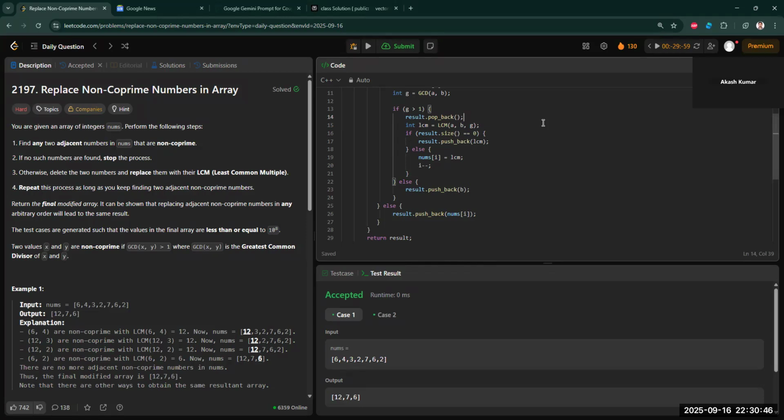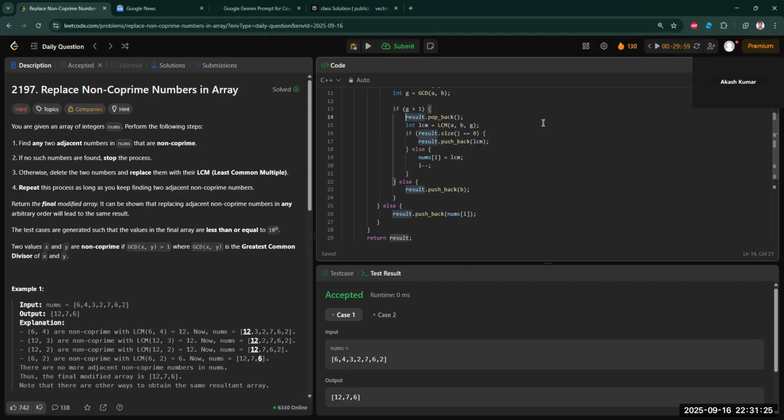If the GCD of the current two numbers is greater than 1, that means they are non-coprime numbers, and in that case we have to replace these two numbers with their LCM. So I pop out the last element from the result array and take the LCM of these two numbers. If after popping, the result array becomes size 0, then I push the LCM to the result array.